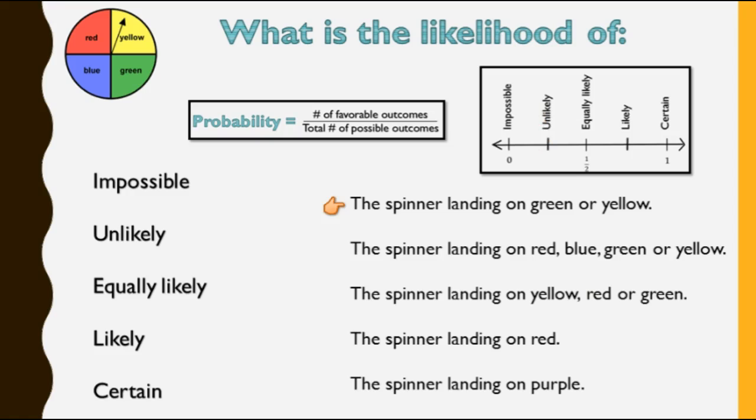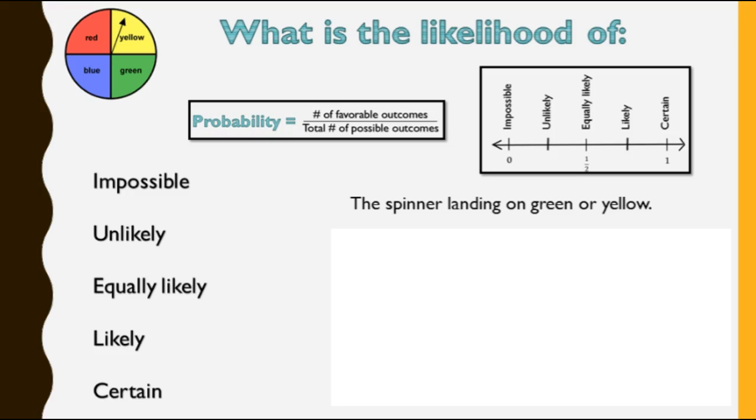Okay, so let's look at this first one. What's the probability that the spinner will land on green or yellow? Okay, so green or yellow.